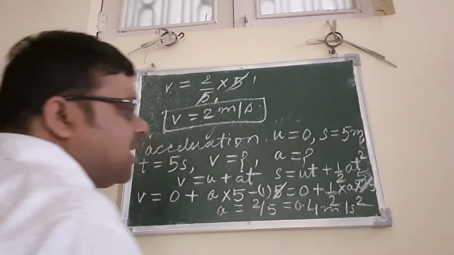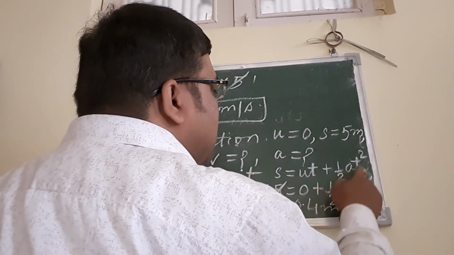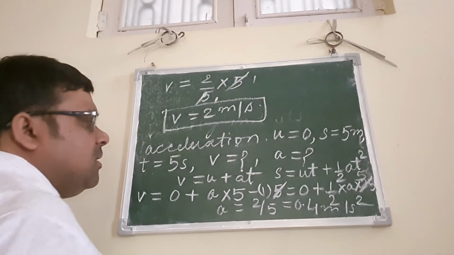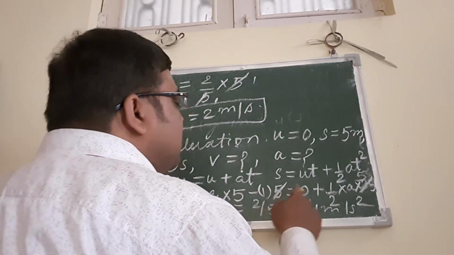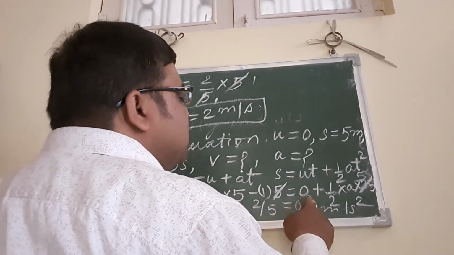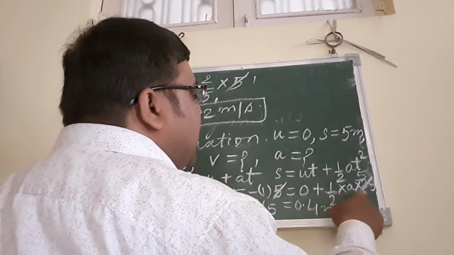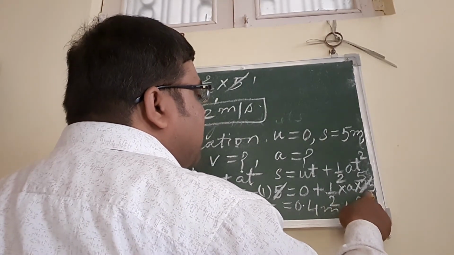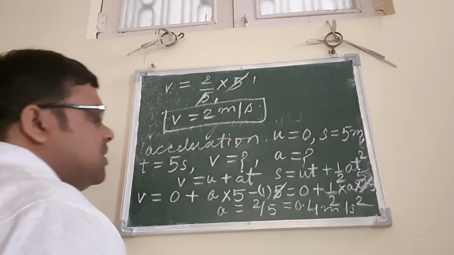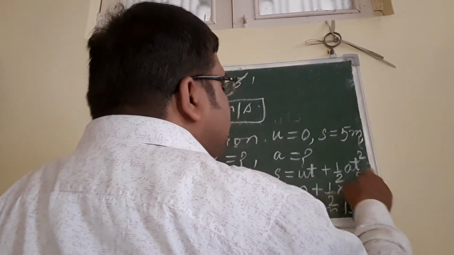Here applying the second equation of motion, s is equal to ut plus half at square. s was 5, initial velocity was 0, so this term ut becomes 0 plus half into a into t square, that becomes 25. So from this 5, 5 gets cancelled, we get 5.